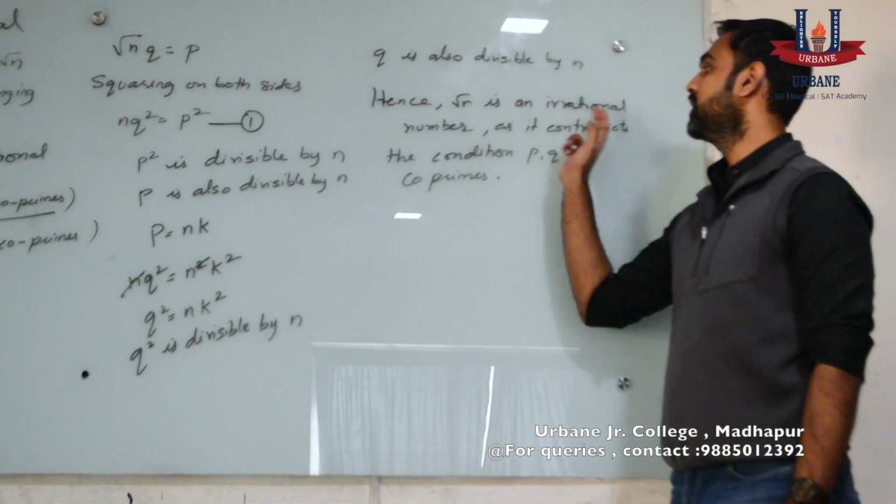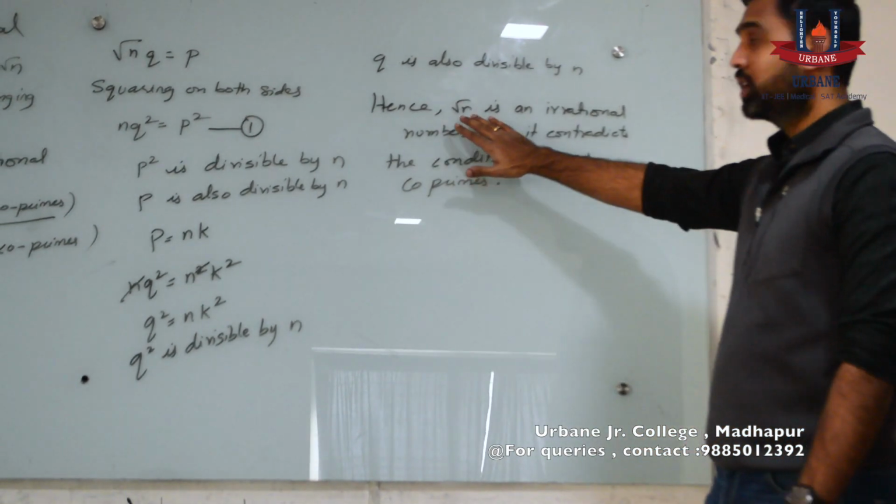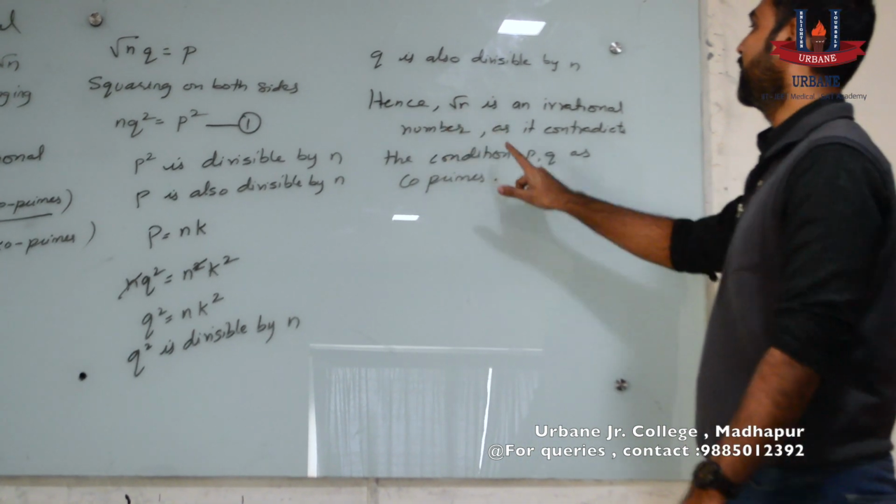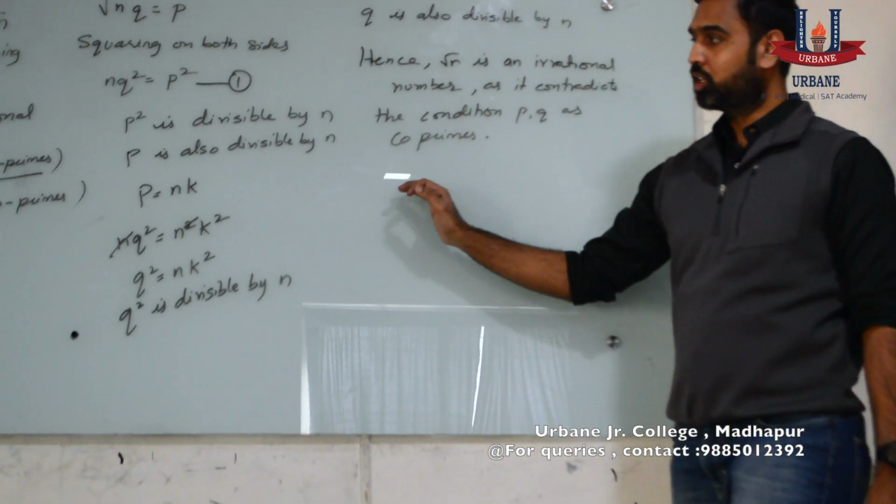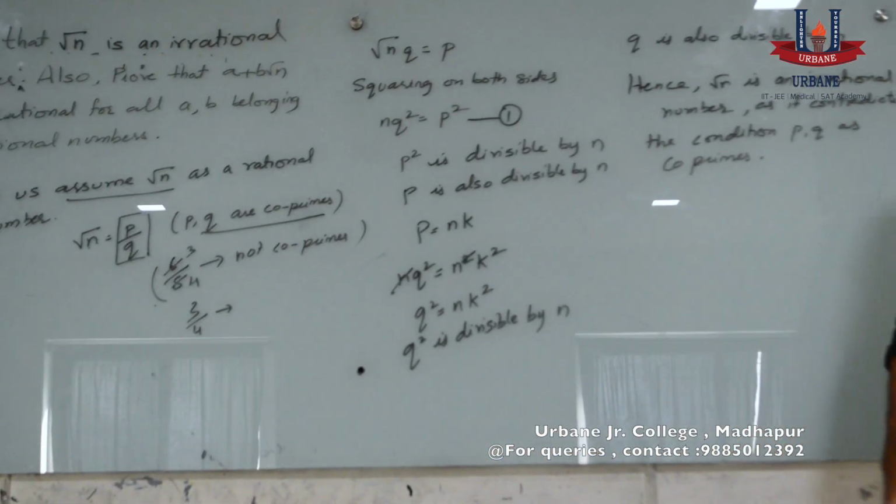Square root of n is an irrational number, of course, when n is not a perfect square, as it contradicts the condition p and q are co-primes.